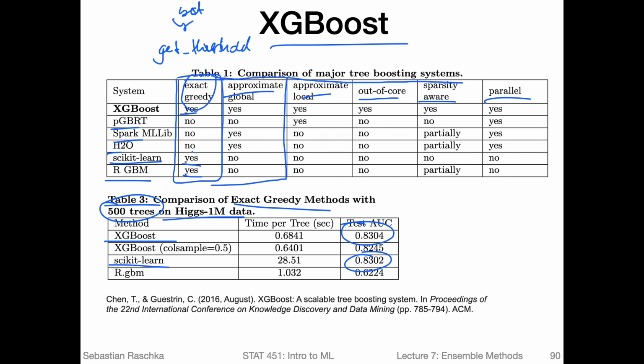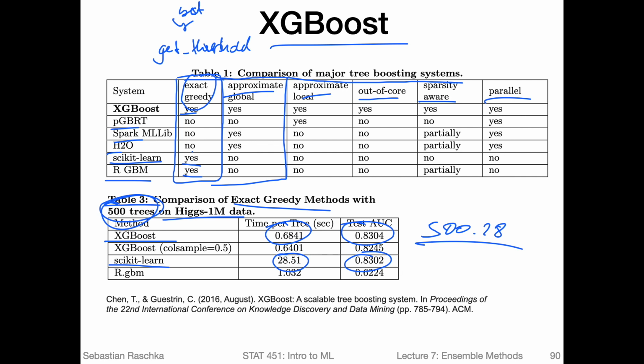But then what's notable is that the time per tree is significantly reduced. So you can see it's 0.68 seconds per tree instead of 28 seconds per tree. And you can think of, if you have 500 trees times 28 seconds for the scikit-learn one, that would be pretty expensive and a long time to wait.